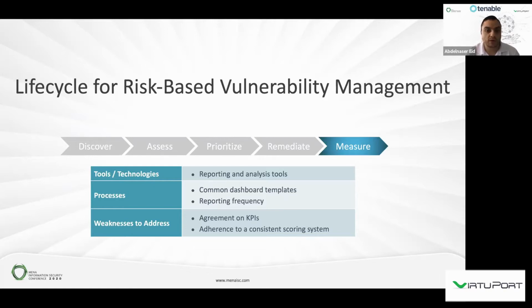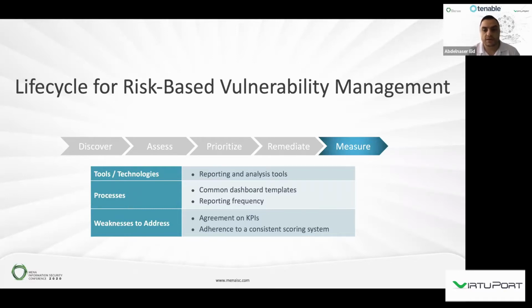So clear reporting will help the top management to decide and to see that, okay, our investment was in the right place in multiple technologies, for example. Our teams are following the SLAs and they are following the best practices that we agreed on, for example.